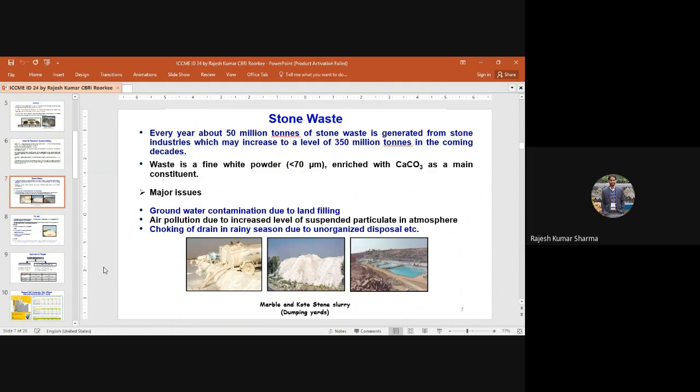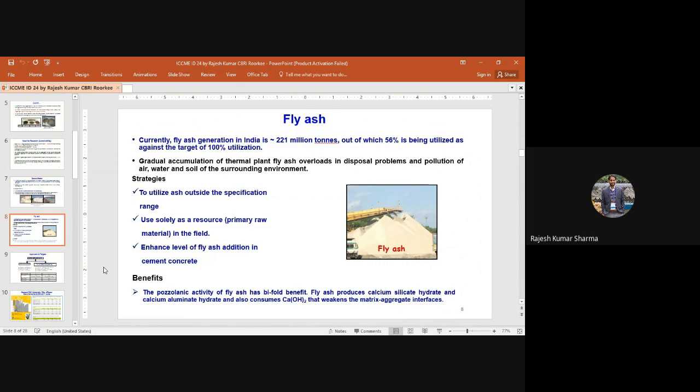Regarding stone waste in India, about 50 million ton of stone waste is generated. This waste is basically fine powder enriched with calcium carbonate, and as you can see here at the bottom, this stone slurry is just dumped alongside the road and on the local site, which creates groundwater contamination along with air pollution and choking of drains in rainy season due to unorganized disposal. Regarding fly ash, about 221 million ton of fly ash is being generated, out of which about 56% is being utilized.